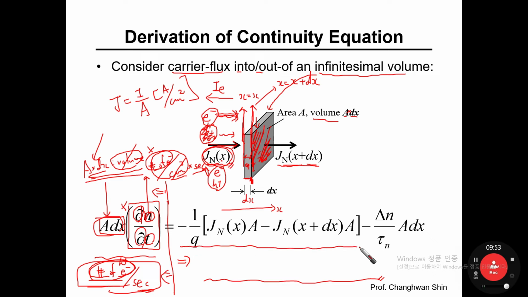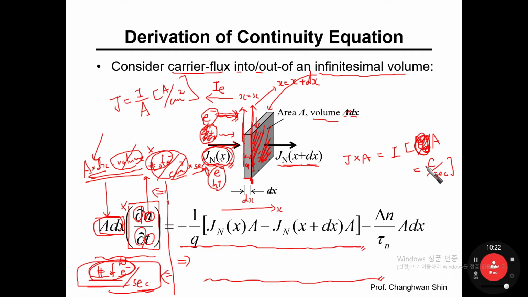We know the current density, so if I multiply the cross-sectional area, it becomes current. What is the unit of current? Amp, and that is identical to coulomb per second.